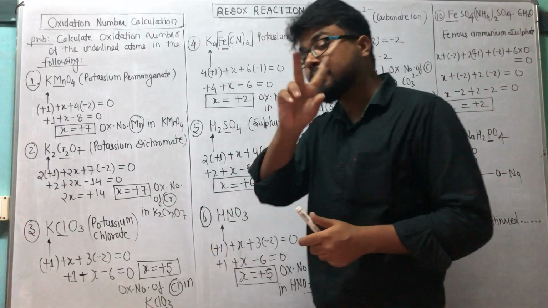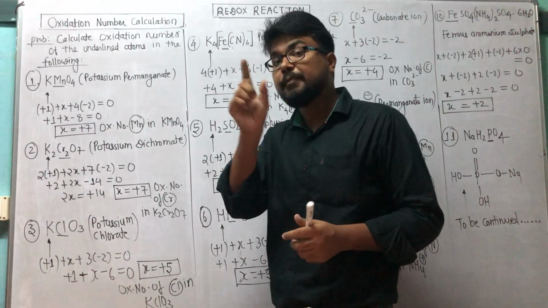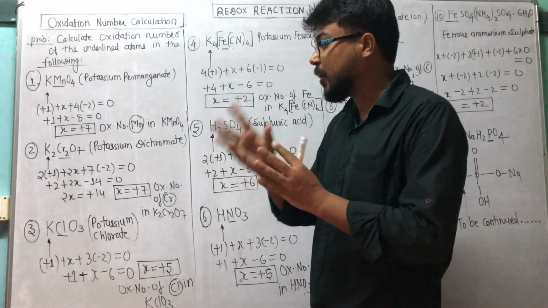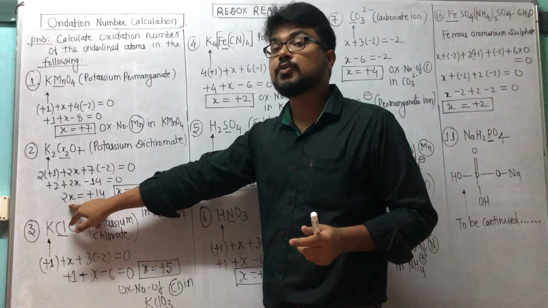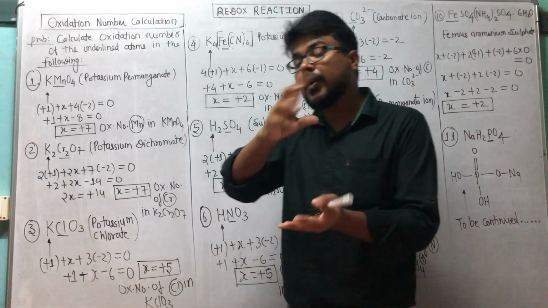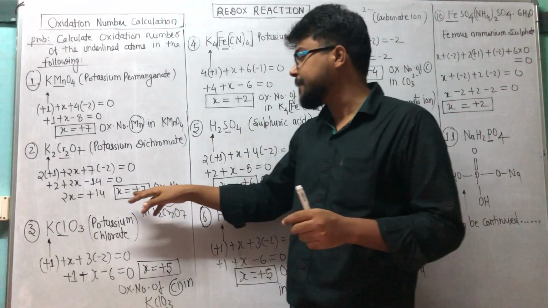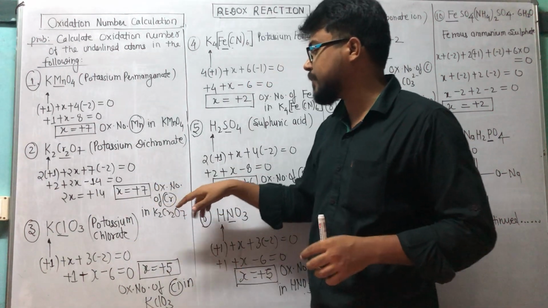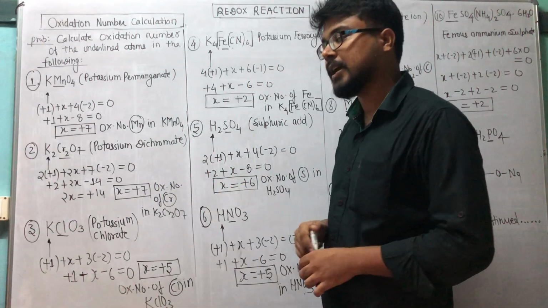What is this x? I have to calculate the oxidation number per atom. It is very important: I will not report my answer as 2x, because I have to calculate the oxidation number per atom. So x equal to +7, and +7 is the oxidation number of chromium in K2Cr2O7.